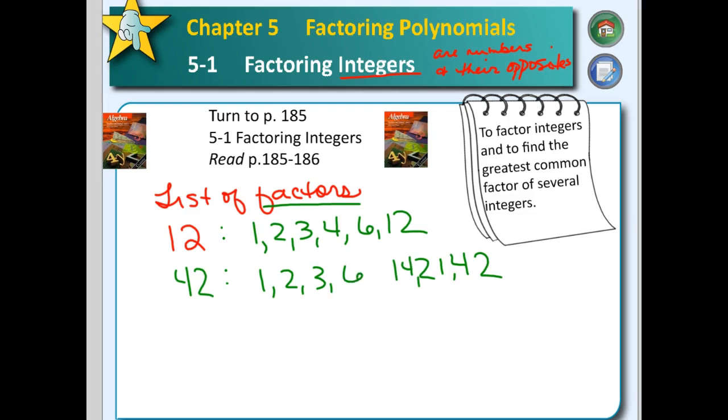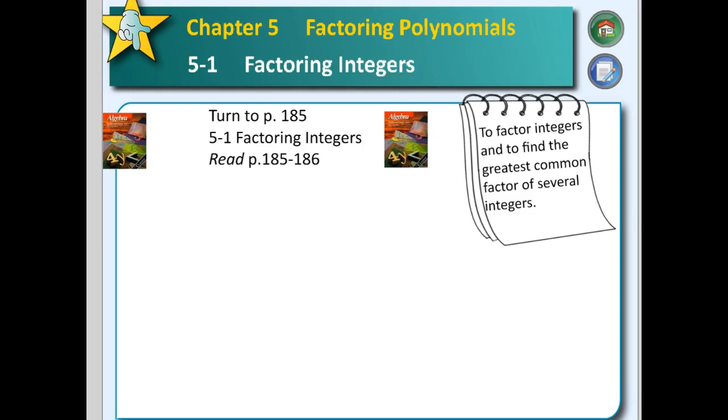And then we know 6 times 7 is 42. So knowing your divisibility rules is also another good thing to have on hand to help you as a tool to get through this. Okay, so the first thing they're going to ask is, hey, what is the list of all the positive factors?